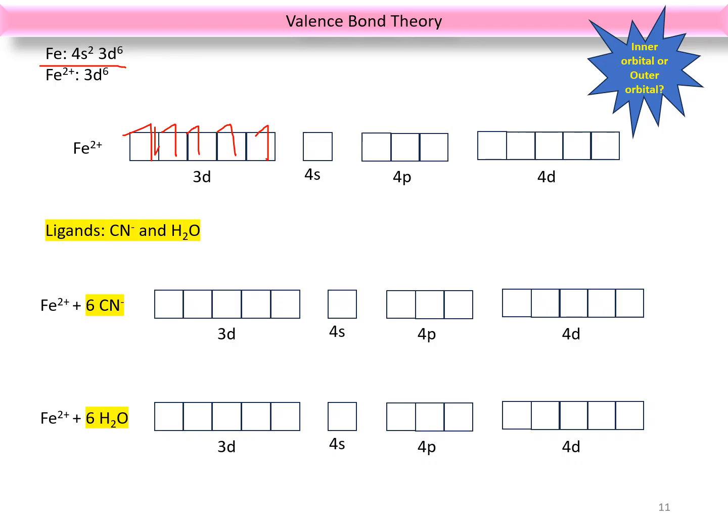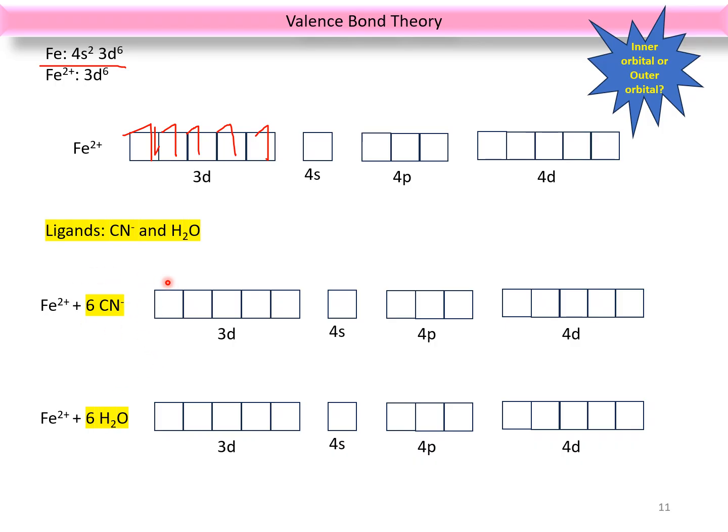Now, if iron 2 is going to react with cyanide and water, from the spectrochemical series, cyanide is the strongest ligand, just like carbon monoxide, while water is a weak ligand. Not the weakest, but weak. Not as weak as the halides, but still within the weak range.